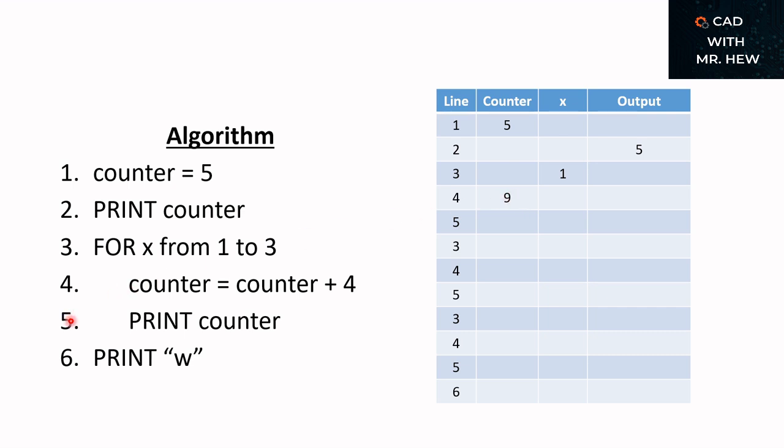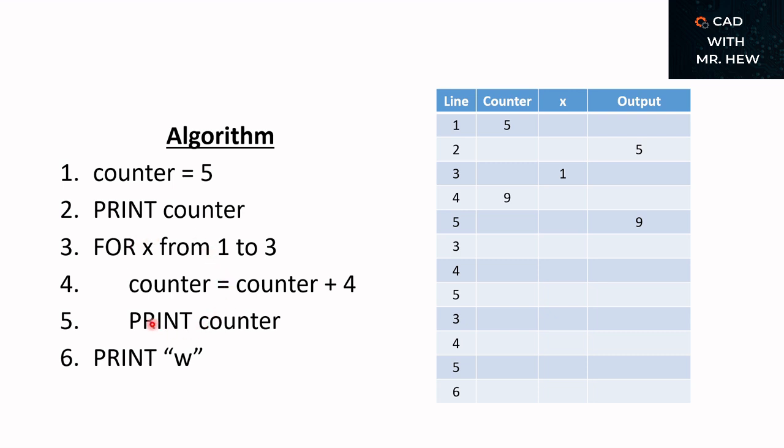All right, line 5 says to print the counter. The counter from line 4 has the value 9 in our trace table. So here now at line 5, we're going to print the value that's in the variable counter, and that is 9.